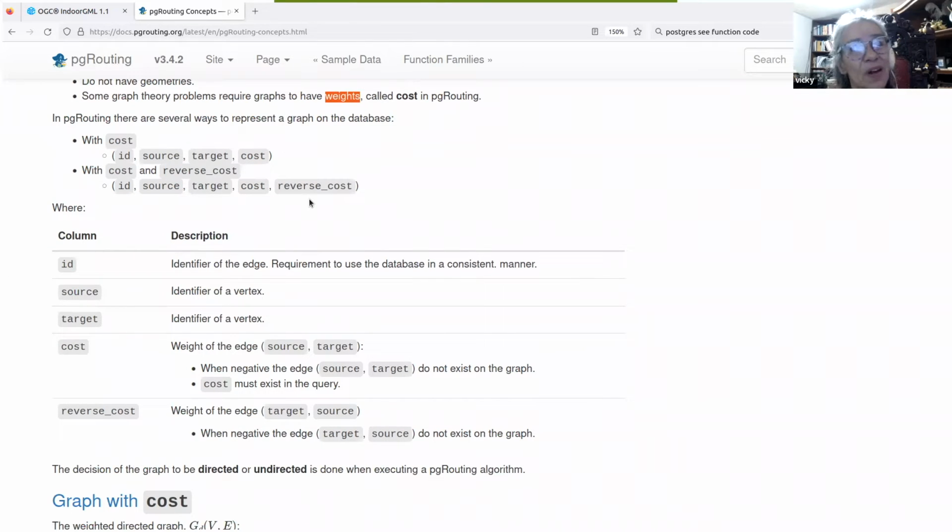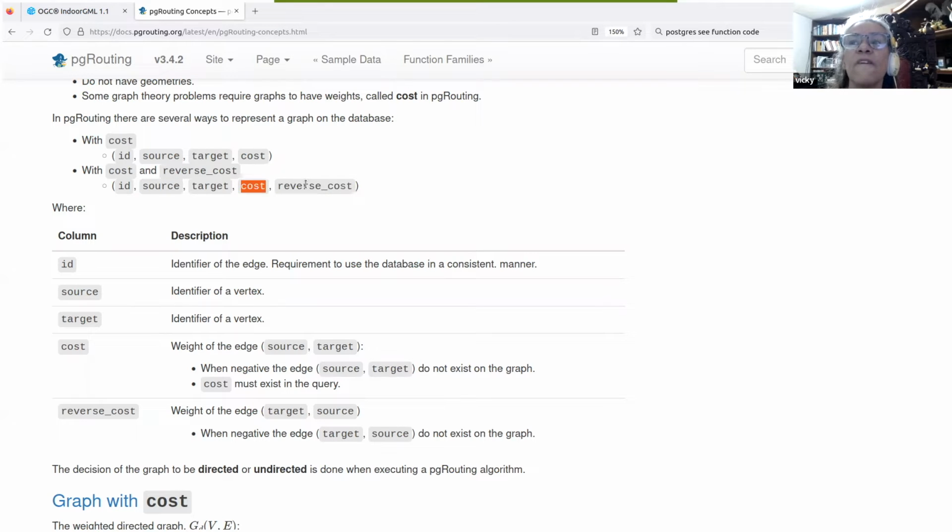In PG routing, we represent the graph in the database as follows. With the cost column means that there is an edge from source to target, and the weight of it is the cost. And when we have cost and reverse cost, reverse cost means that there is an edge from target to source, and the weight of that edge is reverse cost.